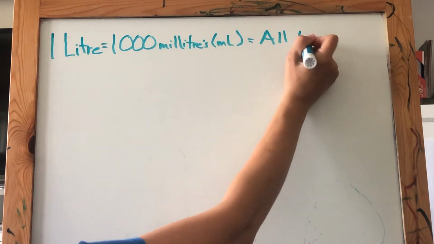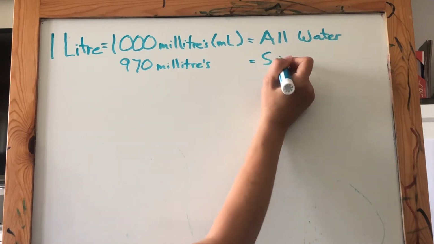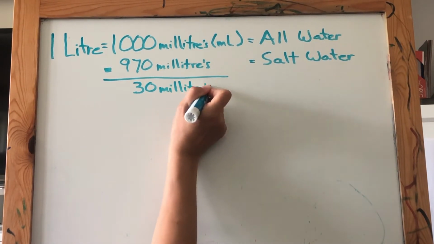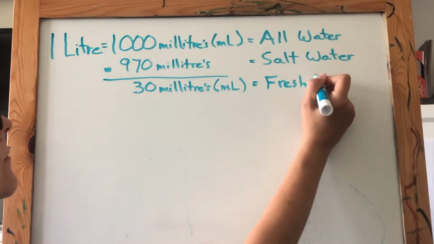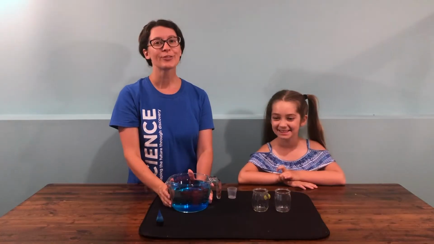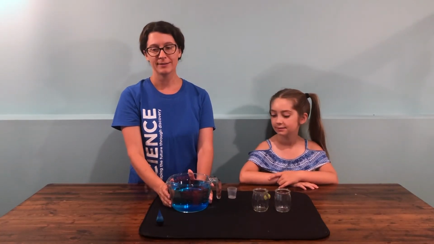And all the salty water in the world is represented by 970 milliliters. If we take 970 and subtract that from 1,000, how many milliliters do we get left over? 30 milliliters. That's right. So 30 milliliters represents all of the fresh water on the planet.